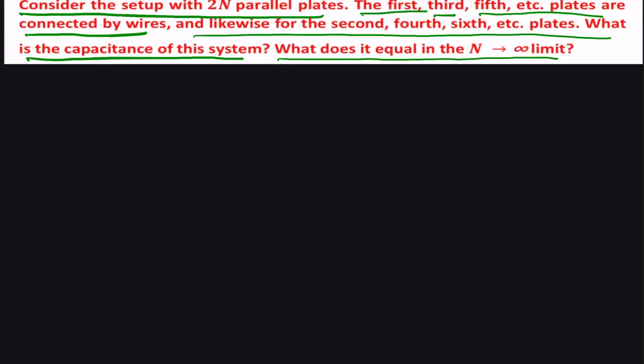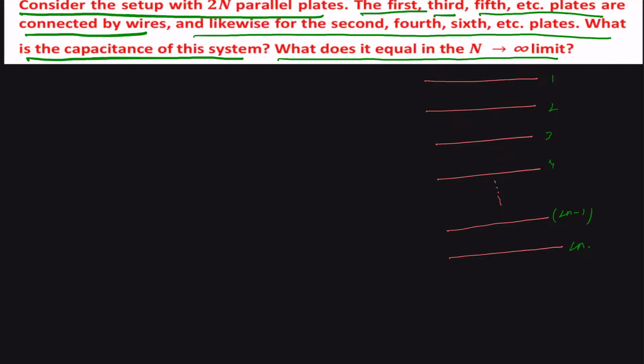We are given 2n parallel plates. So this is 1, 2, 3, 4, and so on. This is 2n minus 1, and this is 2n.